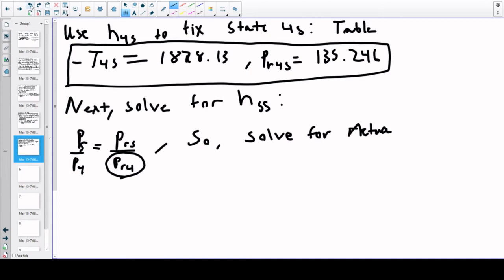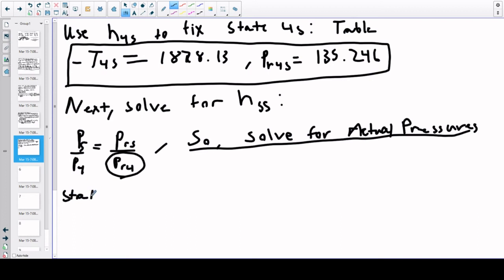But to solve for the actual pressure at 4, you have to go back and solve for all the previous ones. So you have to solve for pressure 1, 2, 3, and then 3 gets you to 4. So, yeah, tough break. But if you find all the pressures before you get to this state, you can just solve the question. But I didn't, because I'm old and washed up.